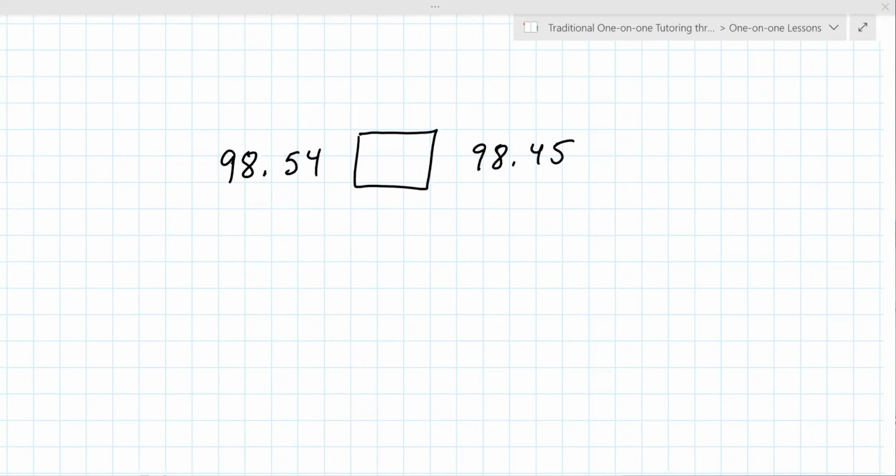Okay, I got my answer. Okay, tell me which one is larger or which one is smaller. Which one's smaller is 98.54, and that's smaller. Oh no, that's larger, sorry.